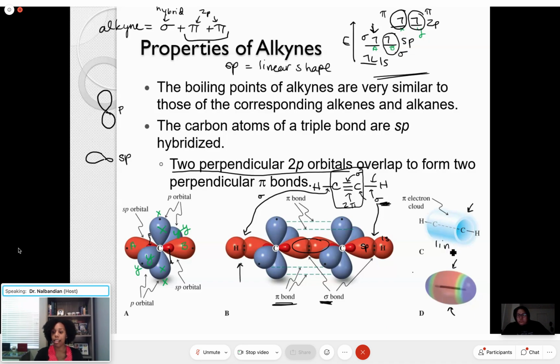So when we have a triple bond, it's going to be linear for the two atoms of the triple bond, and then whatever is directly attached to it. All right. Any other questions on this?